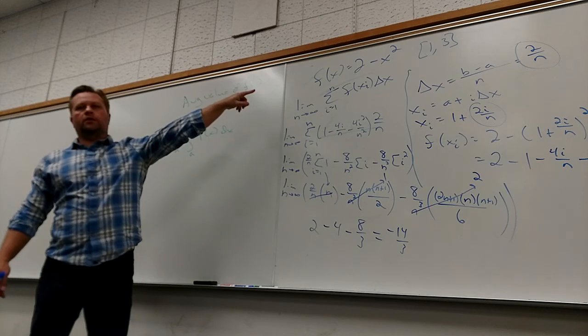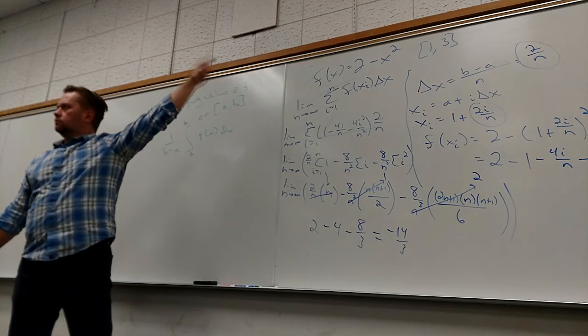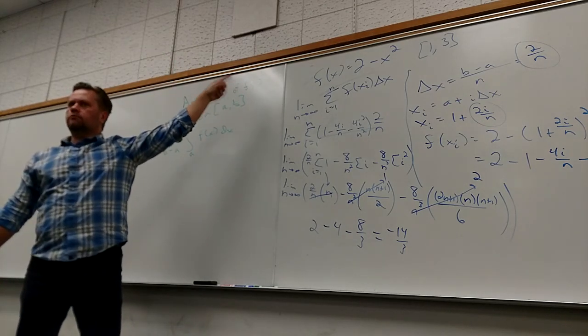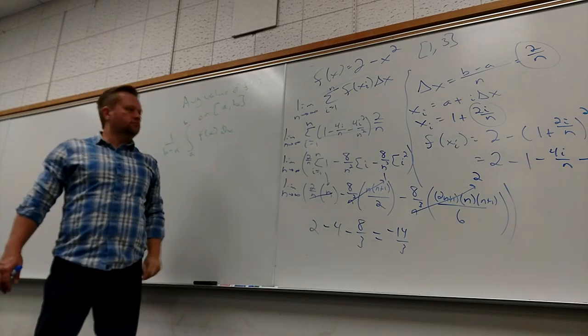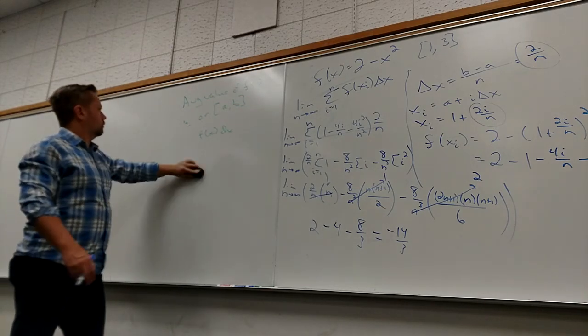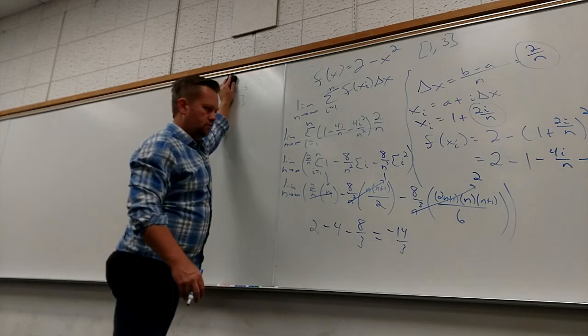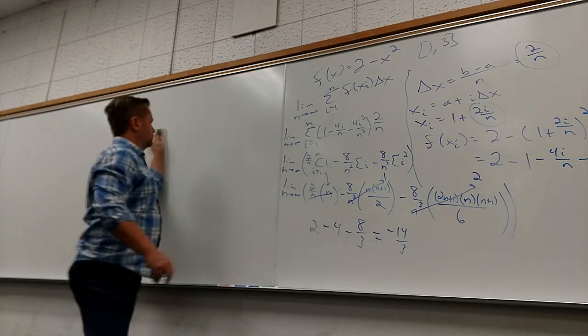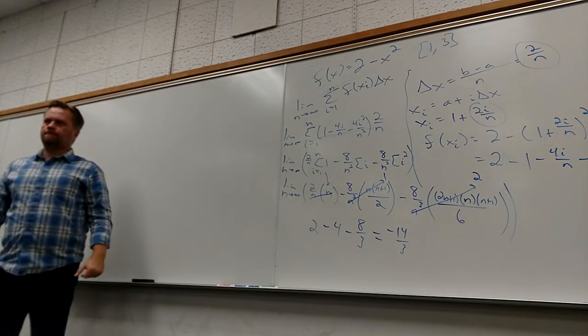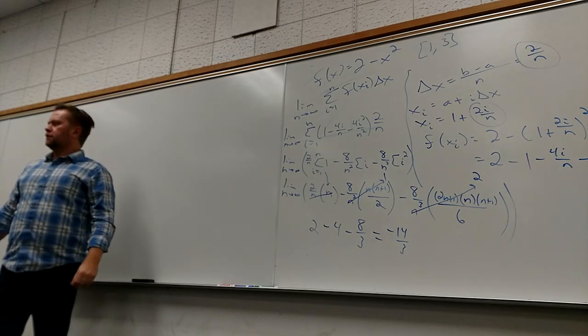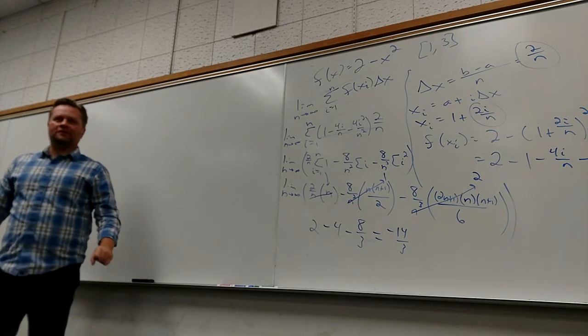So check it real quick with an integral. Integrate that. Check it. Negative 14 over 3. What is it? Negative 14 over 3. Sweet. It's always nice to have verification.